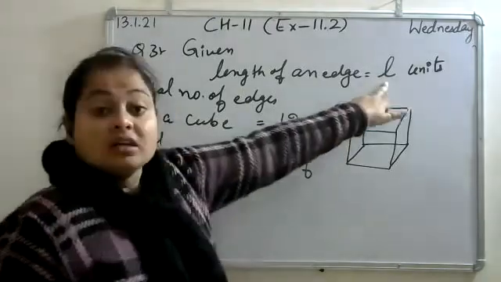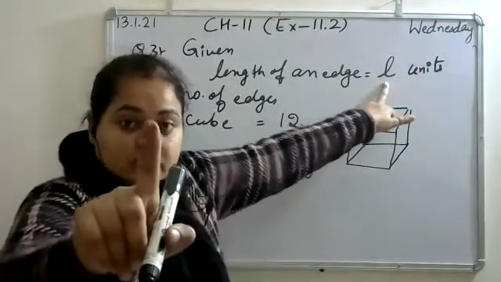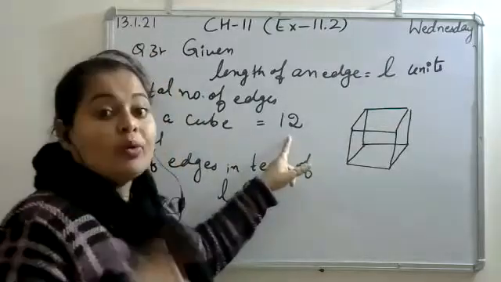L is the length of one edge and you have a total of 12 edges.